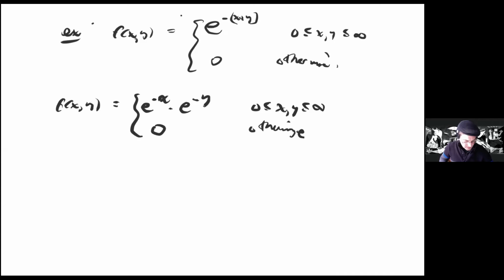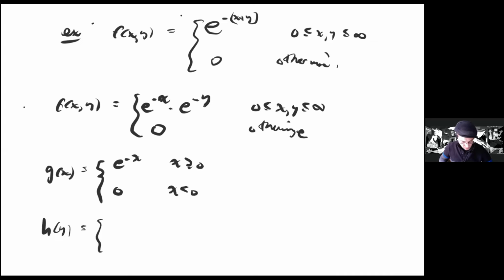Let's let g of x be e to the minus x for x bigger than or equal to 0, and 0 for x less than 0, and let h of y be the function e to the minus y for y bigger than 0, and 0 for y less than 0.